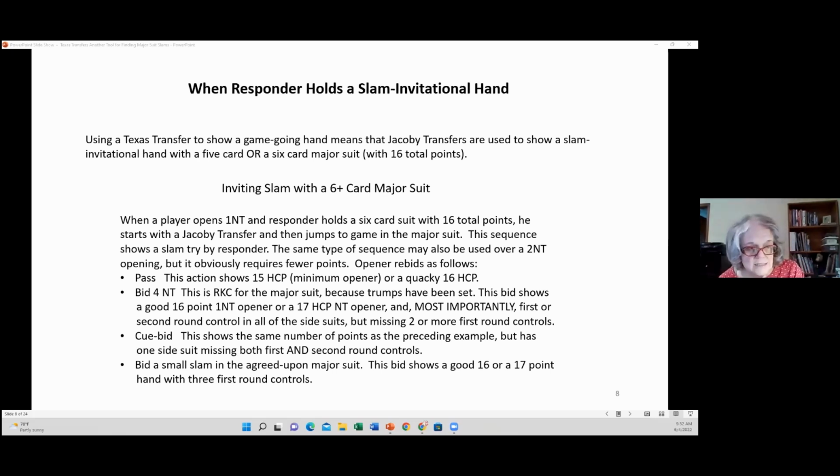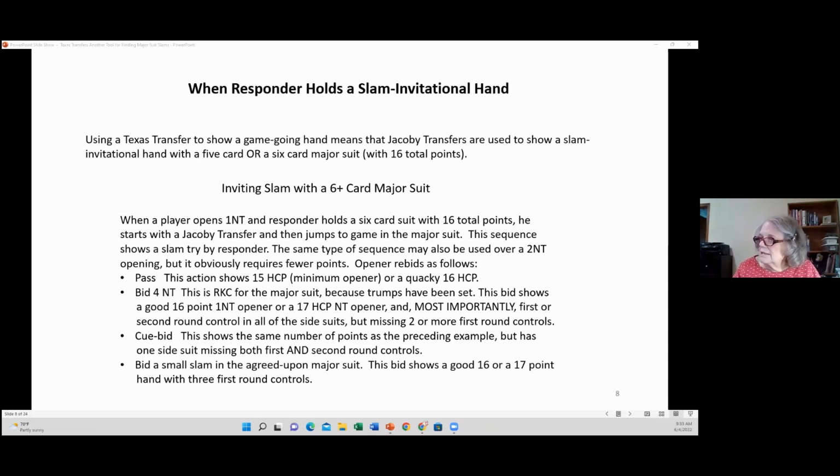This shows a 6-card suit with a slam invitational hand. It shows slam interest, and basically it represents a slam try by the responder. Same thing over 2 no trump, but obviously you don't have to have 16 points. You have to have about 5 fewer, 11-ish would do in that instance.